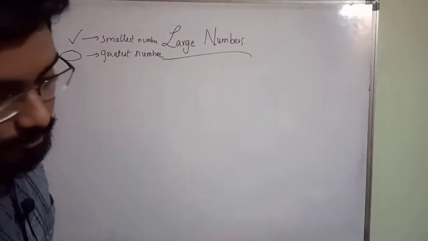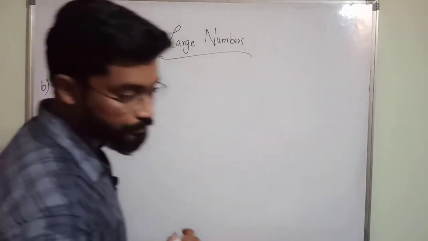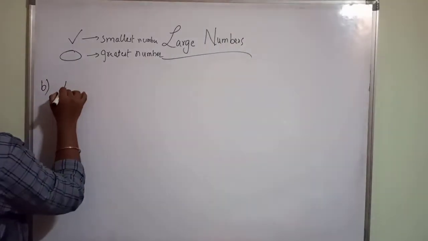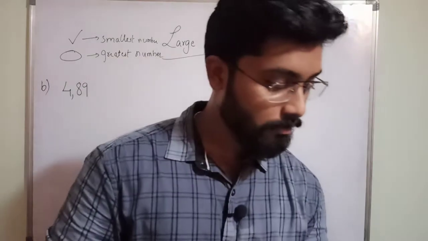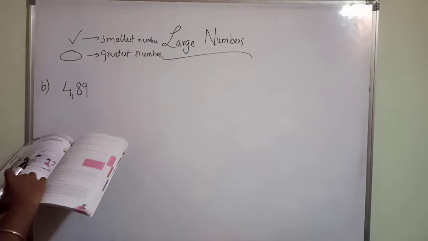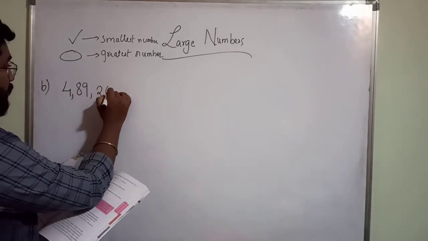Next one is B. What is B? Four lakh 89,265.